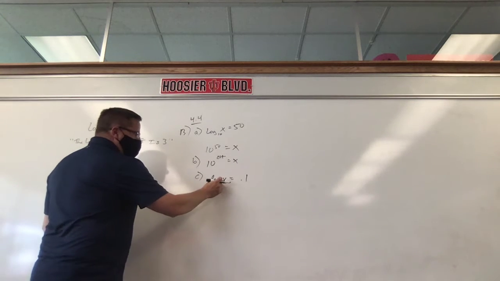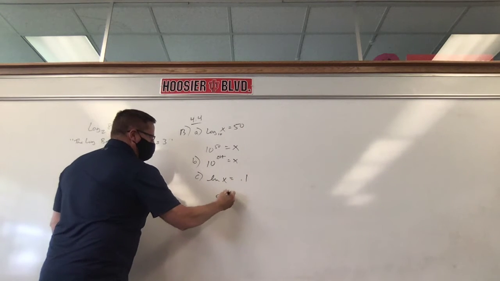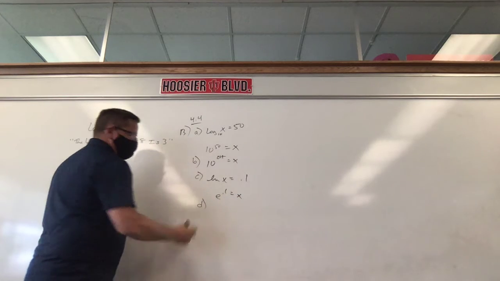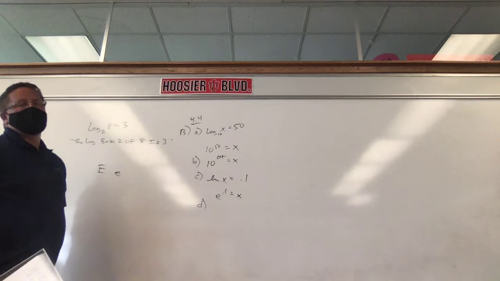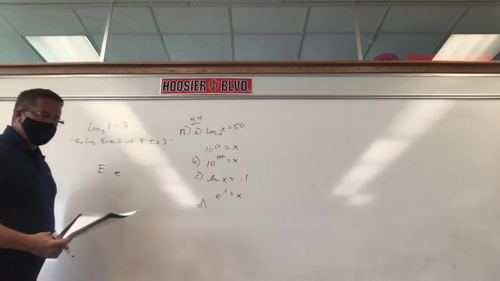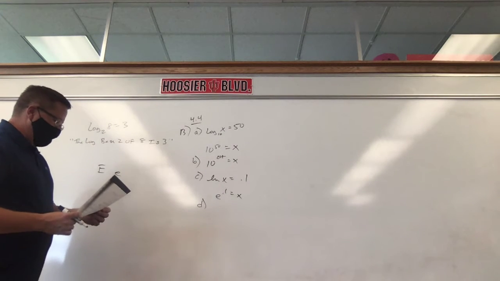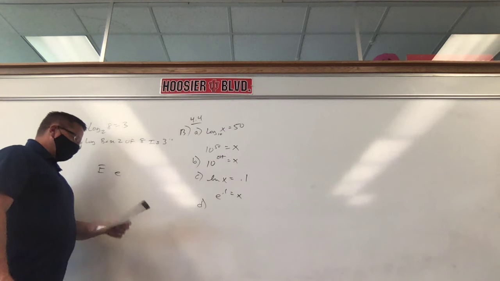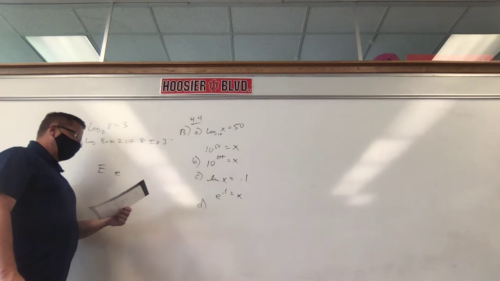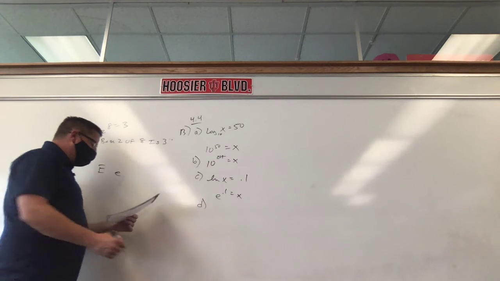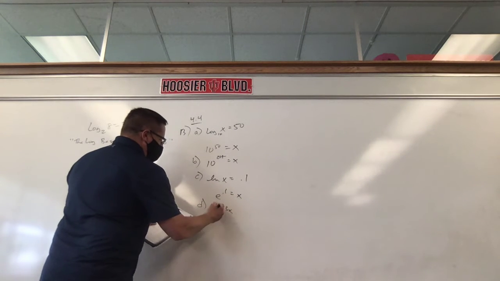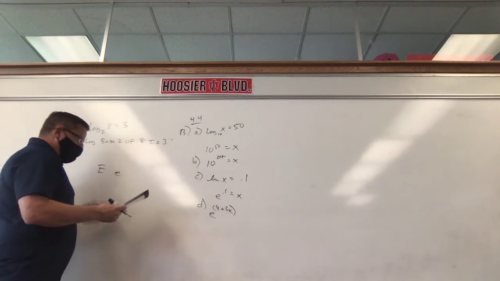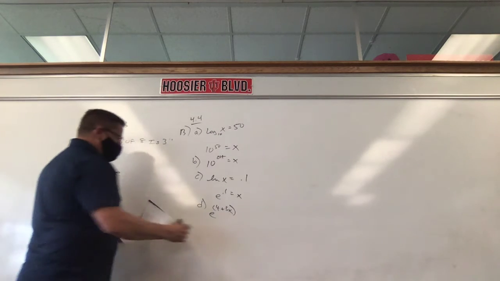So e to the 0.1 equals x. Hopefully you find these pretty boring because you might think, what's the point? They just want to make sure you know the rules so you can use them later on. For part D, again, it says natural log, so it's log base e. So e to the 4 plus 3x, and you have to be careful. I would put it in parentheses, so it's all of that to the power, equals w.